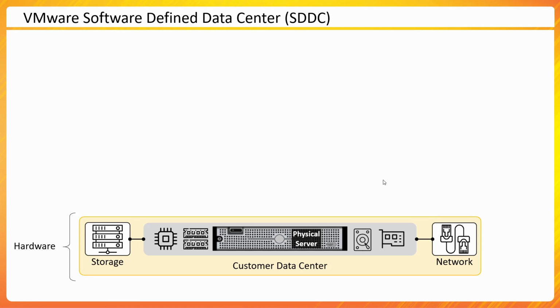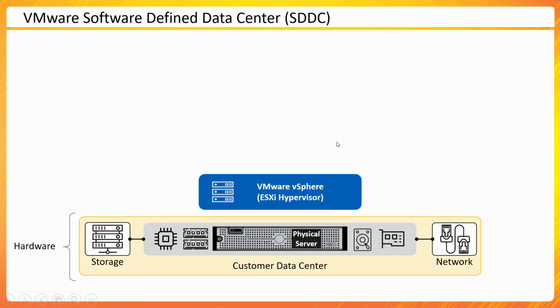Now, that hardware can be used directly by running an operating system on it and then installing applications, but that is not the best use case. So VMware has a solution referred to as VMware vSphere, also called the ESXi hypervisor. It is like an operating system but very customized to run virtual machines on top of it.